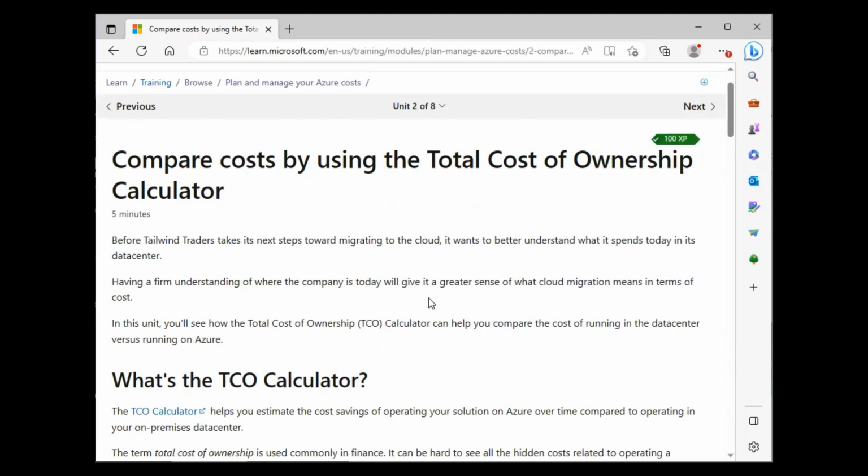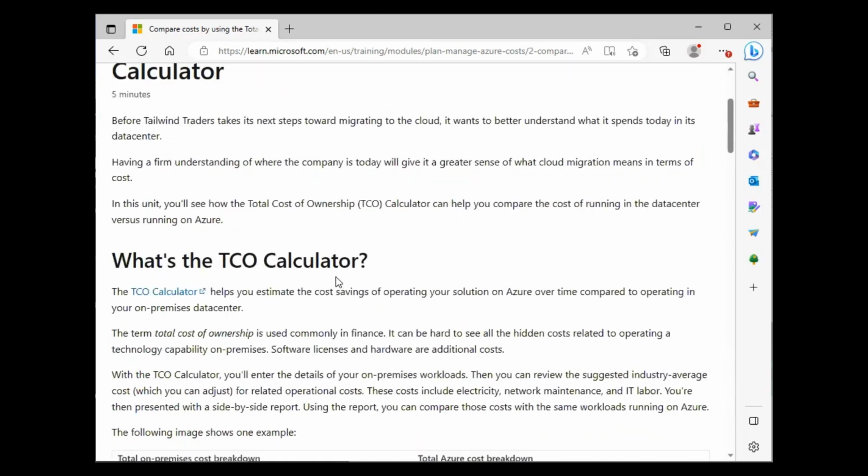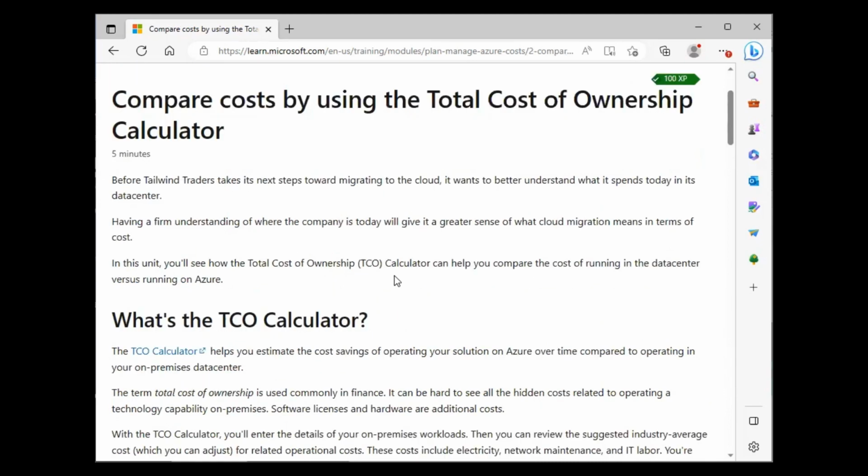Compare costs by using the total cost of ownership calculator. Before Tailwind Traders takes its next steps toward migrating to the cloud, it wants to better understand what it spends today in its data center.